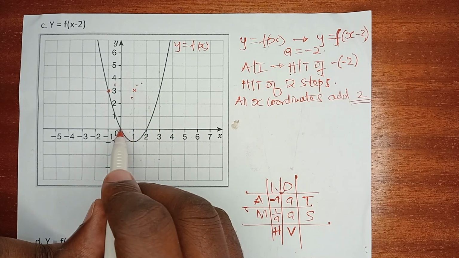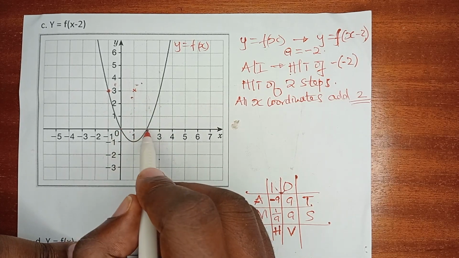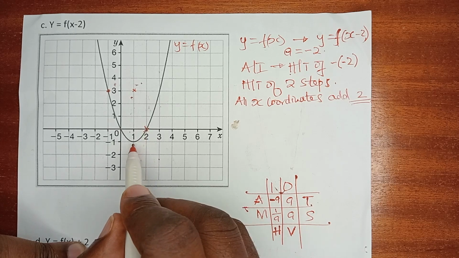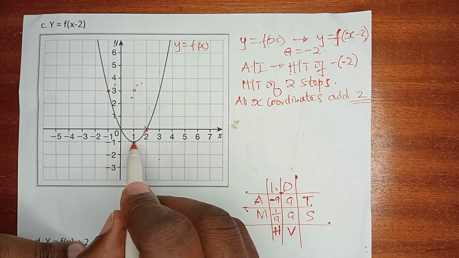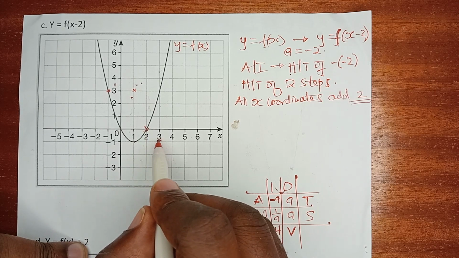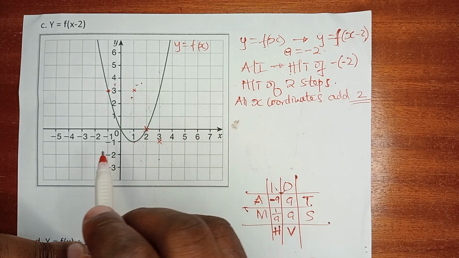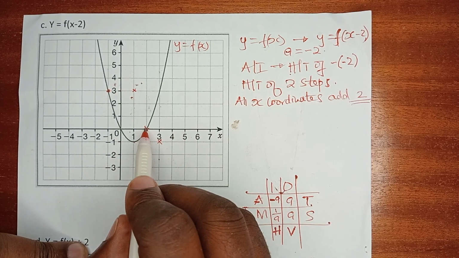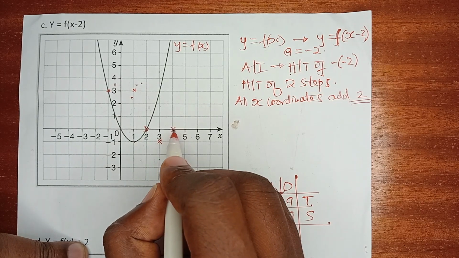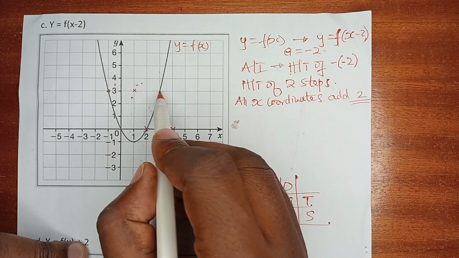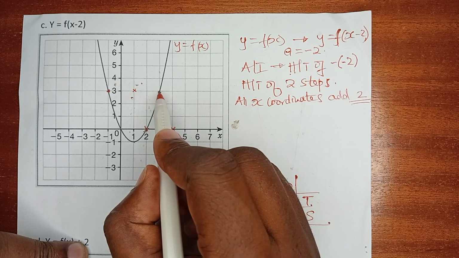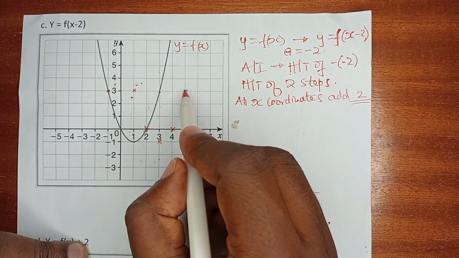X here is 0, 0 plus 2 is 2. X here is 1, 1 plus 2 is 3. X here is 2, 2 plus 2 is 4. And X here is 3, 3 plus 2 is 5.